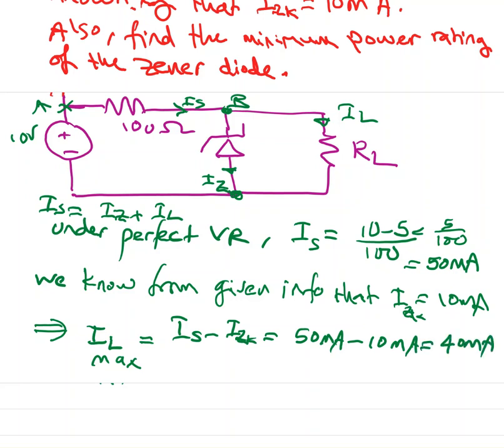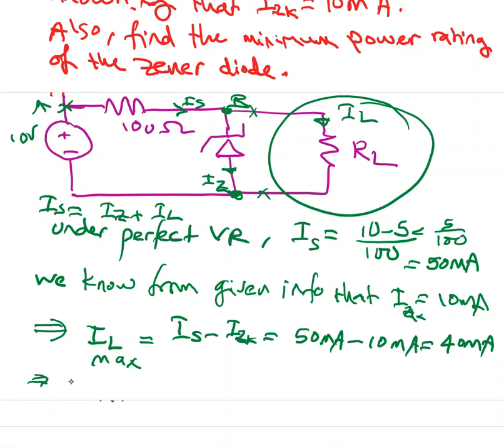So now we have the current that's flowing here, IL, and we know the voltage across it. So we can calculate the minimum value of RL.